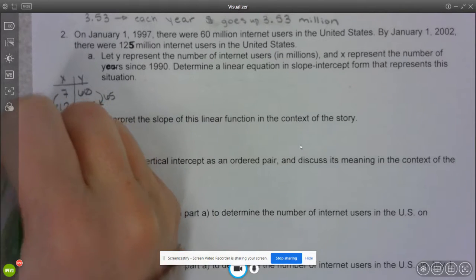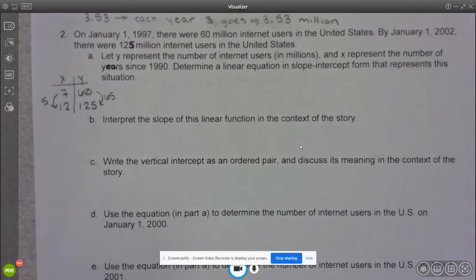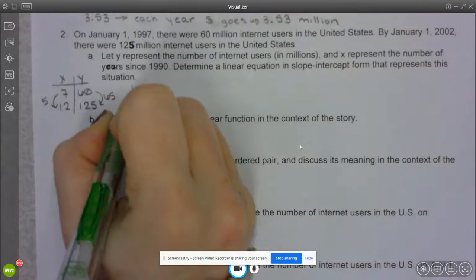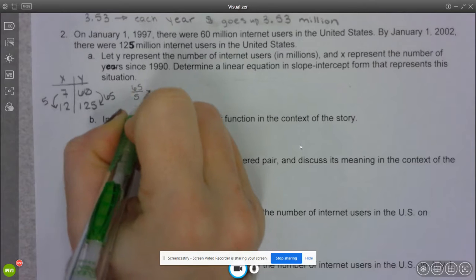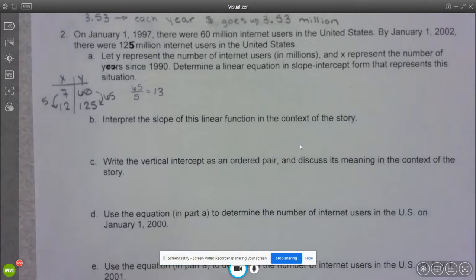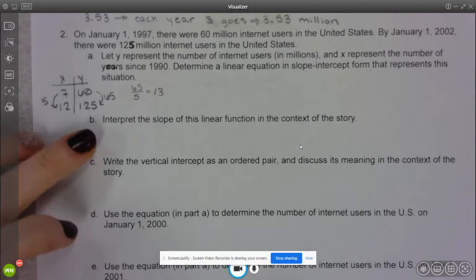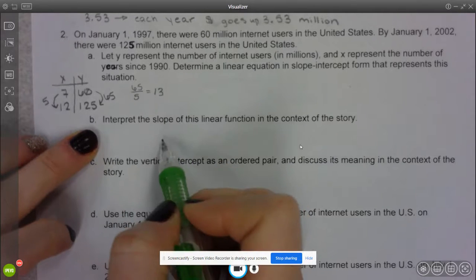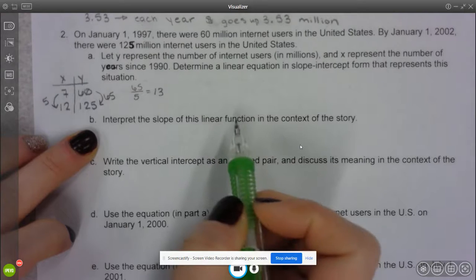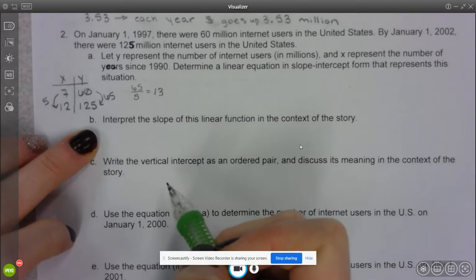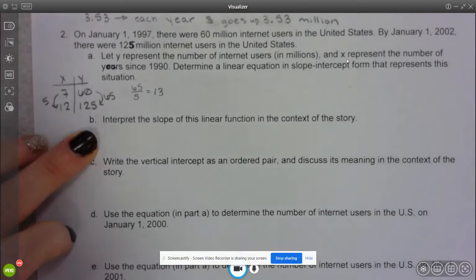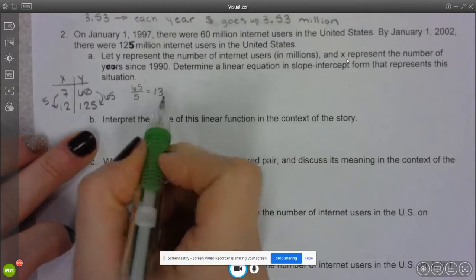And then 7 to 12 is 5. So 65 divided by 5 gives me a slope of 13. So I'm actually going to go ahead, since I just got the slope, and answer part B and interpret the slope in the story first. And then we'll go ahead and write our equation.